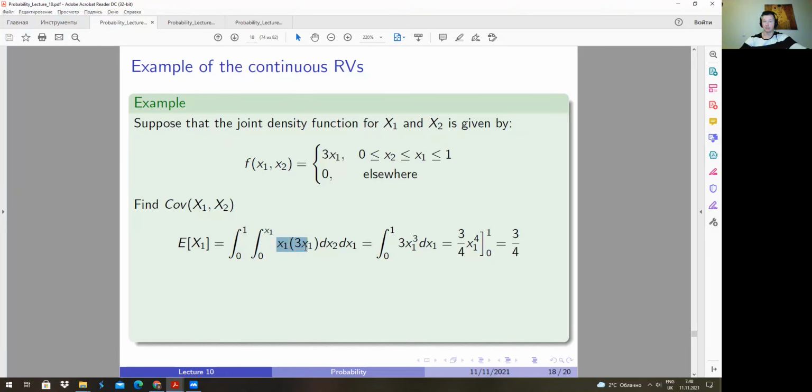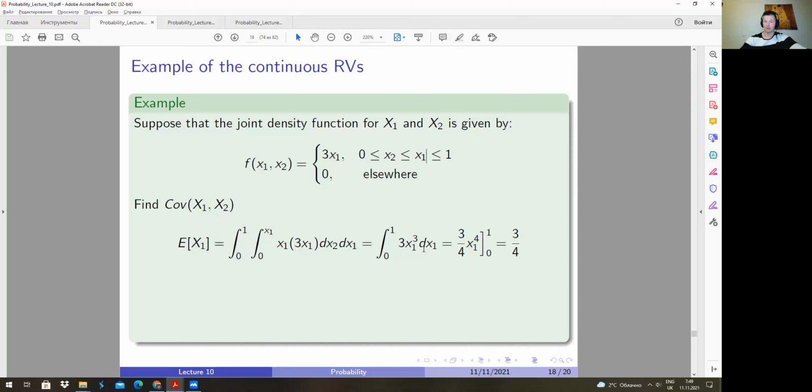x1 times the joint density. Be careful here, please: x2 changes from 0 to x1. The integral is not from 0 to 1, it's from 0 to x1. When I integrate over x2, it gives me 3x1 squared times x1, so it's 3x1 cubed.